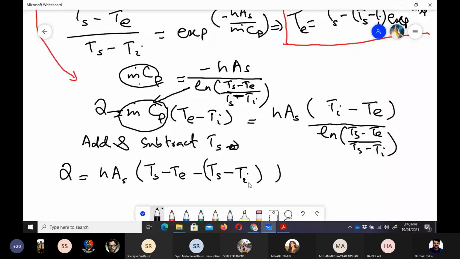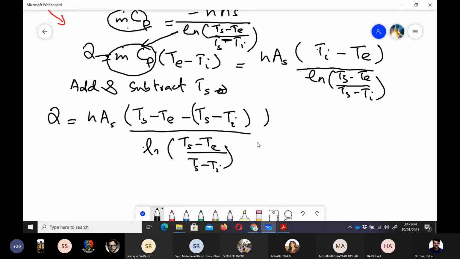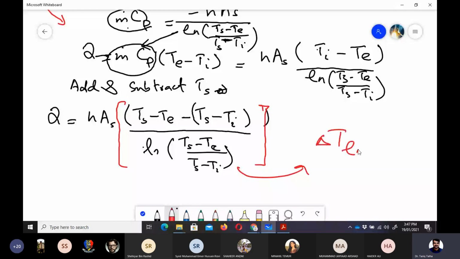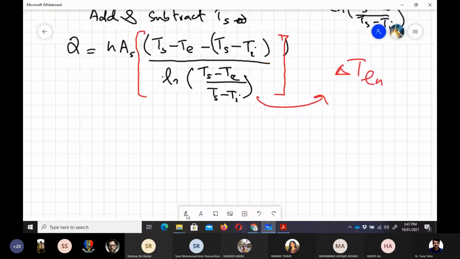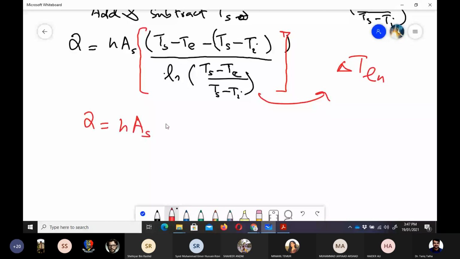Divided by log of Ts minus. Right. So now if we see that this term, this total, is equal to delta T natural log, so we can write Q is equal to HAS delta T log.